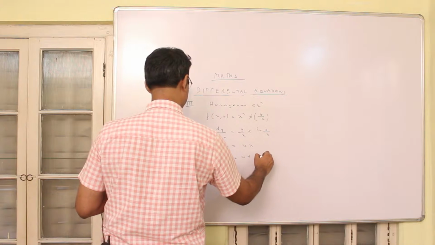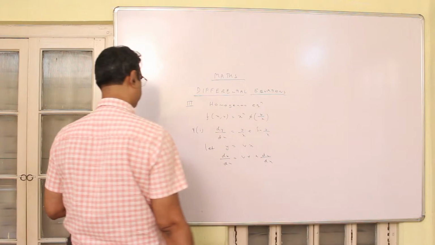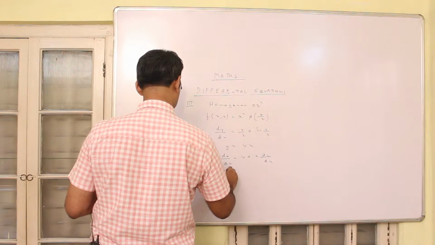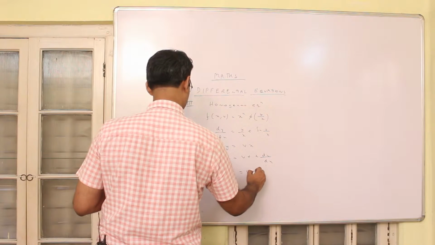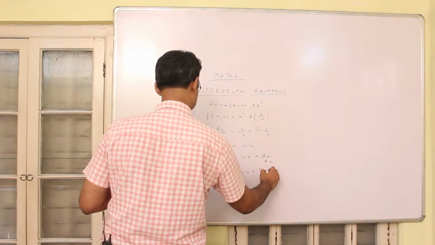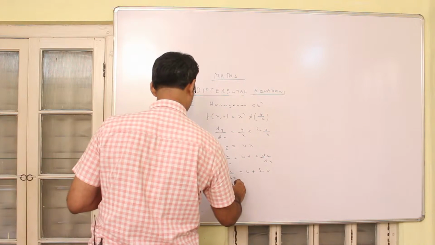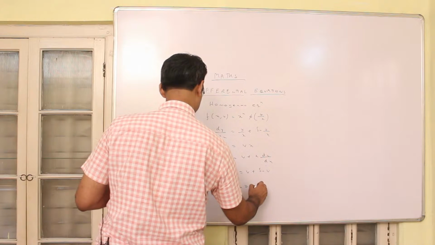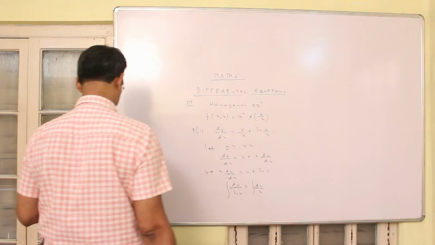So dy by dx is v plus x into dv by dx. So v plus x into dv by dx is equal to v plus sine v. So dv by sine v is equal to dx by x.